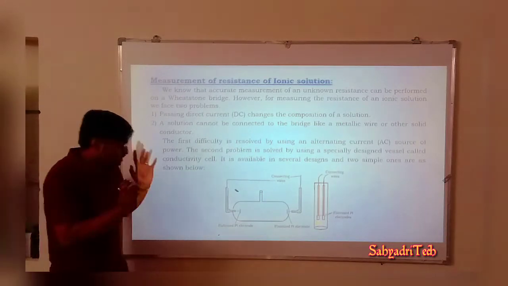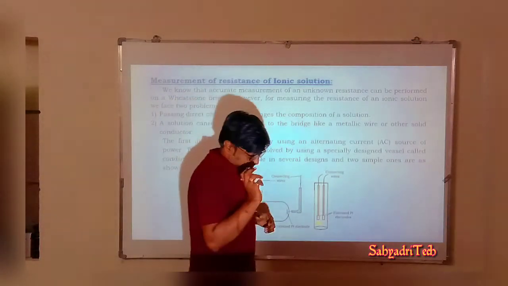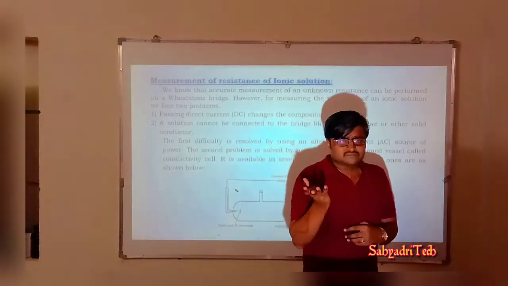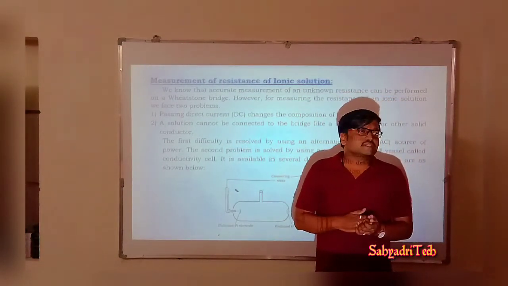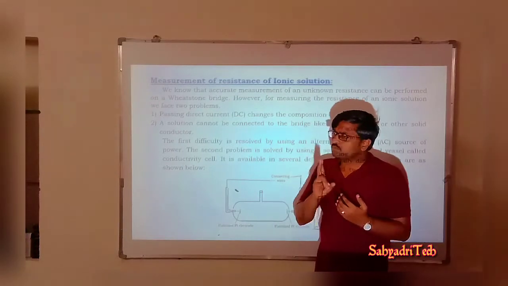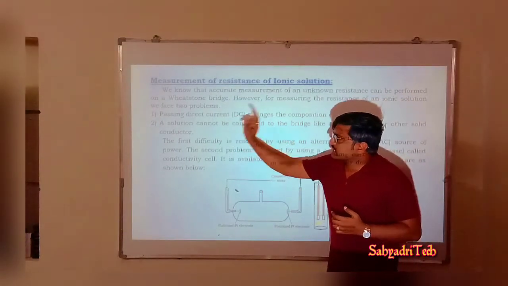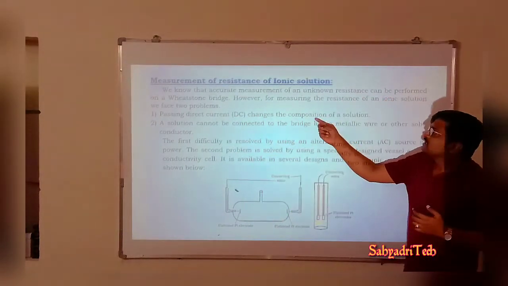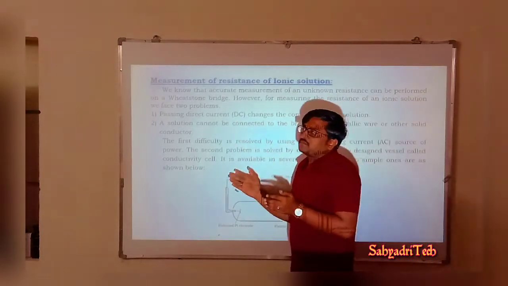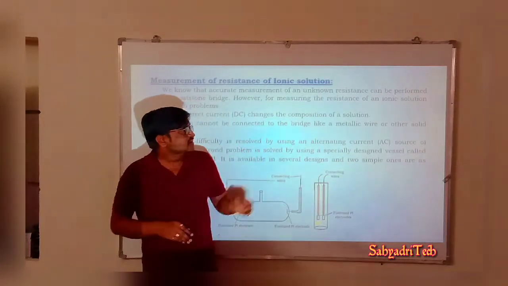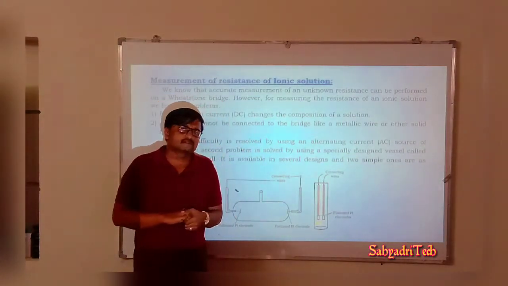If I want to determine the resistance of an ionic solution with the help of a Wheatstone bridge, we are going to face two problems. First one, by passing direct current, there will be composition changes. Second thing, that solution cannot be connected like any other solid conductors.